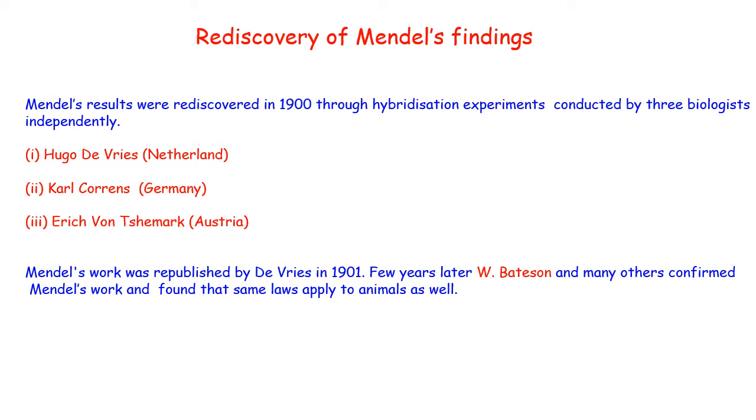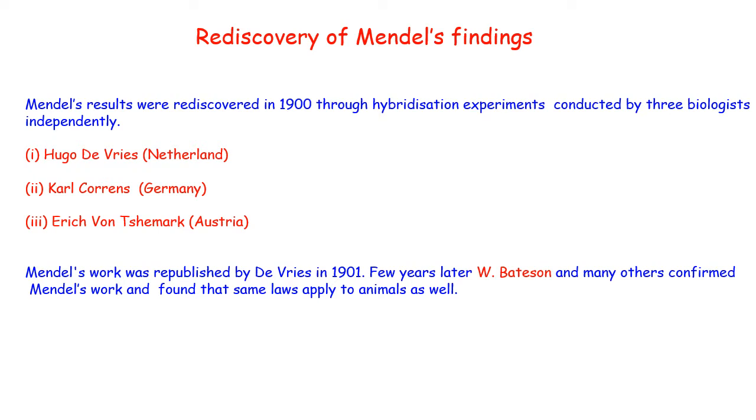It was not until 1900 that three scientists, Hugo de Vries, Carl Correns and Erich von Tschermak, carried out hybridization experiments and rediscovered Mendel's findings.